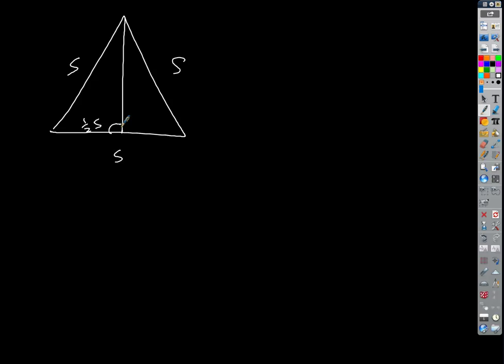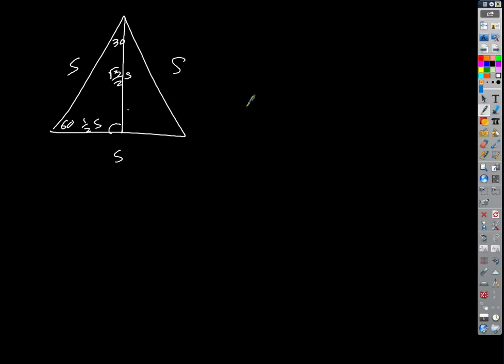This is a 60-degree angle, right? They're all 60, so that's going to be a 30-60-90 triangle. So remember the ratios in there. We could use sine, but if that's 1/2 S, then this has to be the square root of 3 times the short leg. So the altitude is square root of 3 over 2 S. Everybody agree? So now we have enough.